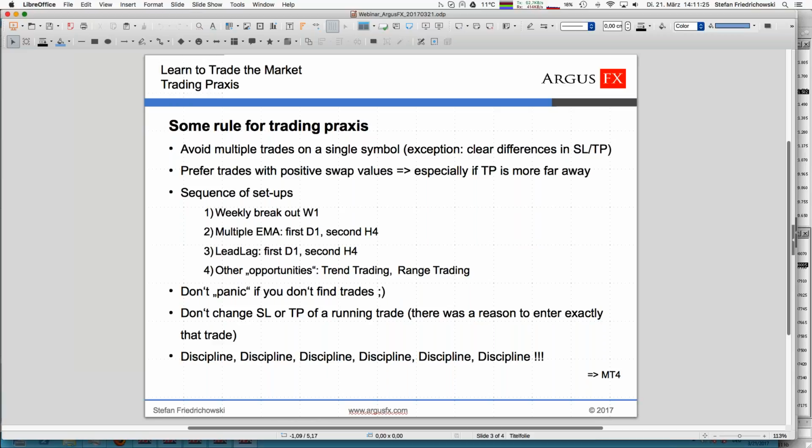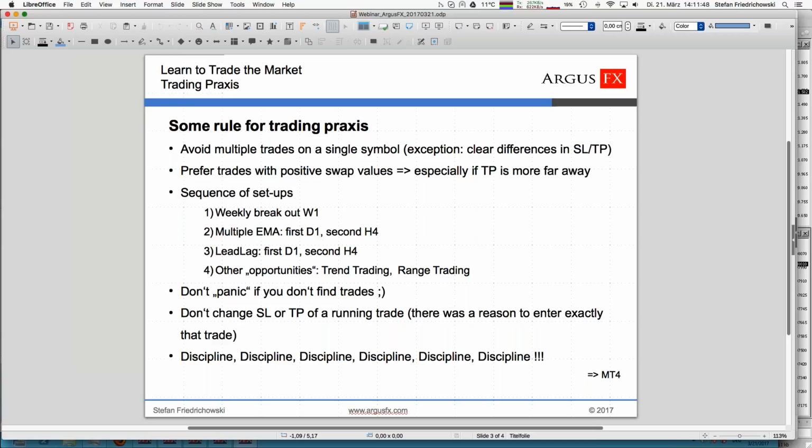So, for example, we may open a trade for Euro Japanese yen based on multiple EMA, and then later we look for lead leg, and finally we come to the conclusion, hey, based on lead leg, it's a good idea to have a trade on Euro Japanese yen as well.